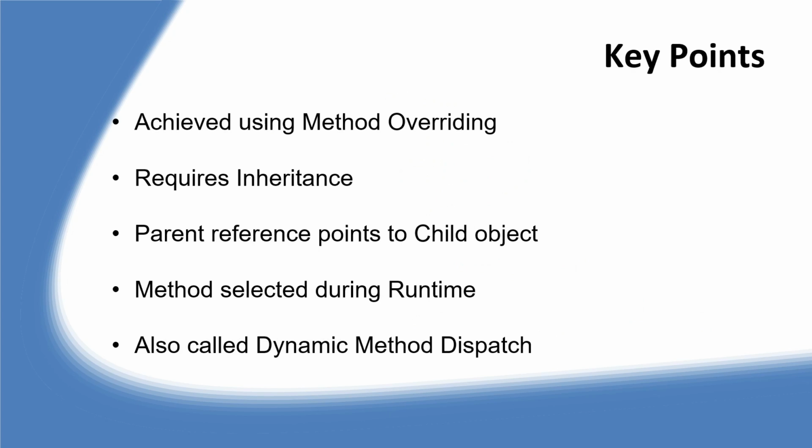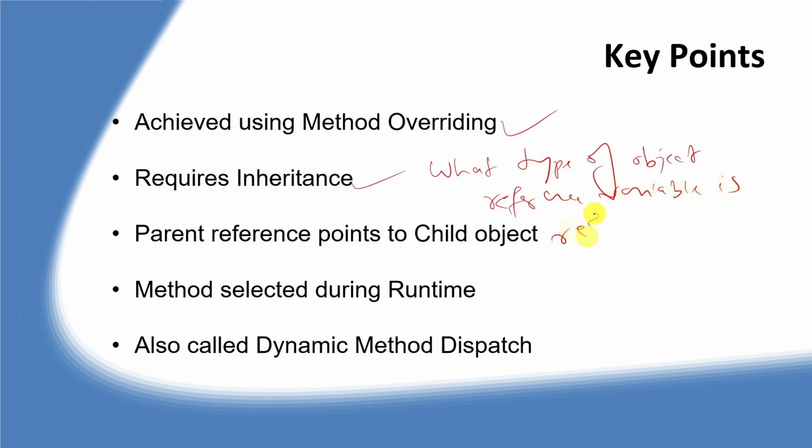Now, let's quickly summarize what we have learned so far. Runtime polymorphism is achieved using method overriding. It requires inheritance and it uses a parent class reference that points to a child class object. So, what type of object is the reference variable referring to?